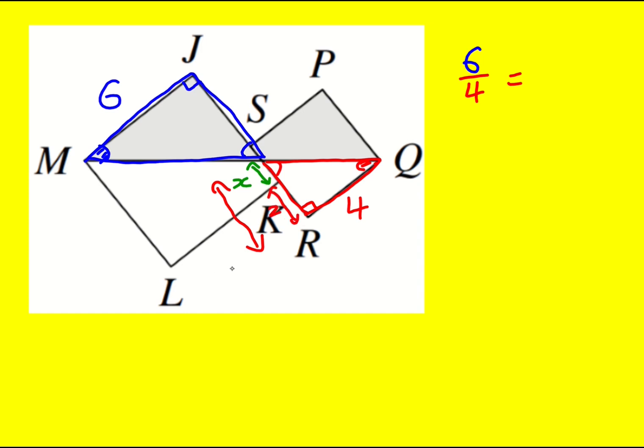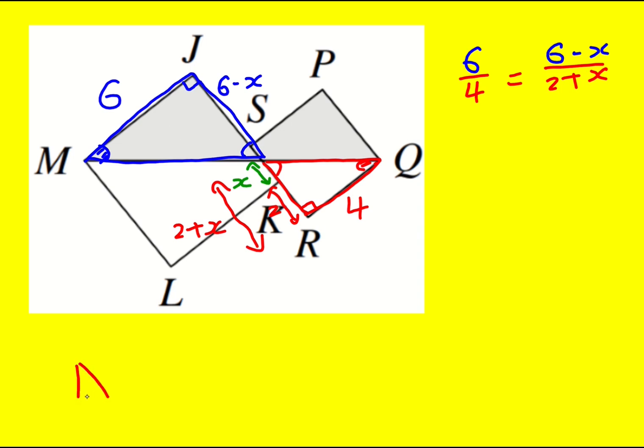So it's going to be 2 plus x. And for the blue triangle, I'm trying to work out this length, so this is going to be 6 minus x. Therefore 6 over 4 is equal to 6 minus x divided by 2 plus x. I'm just dividing pairs of sides of the similar triangles.